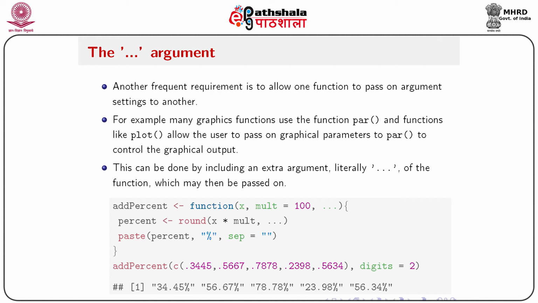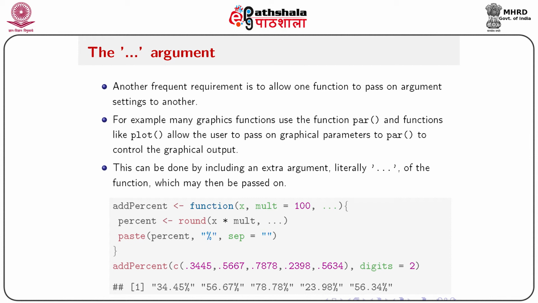Say there is another example that I use: add percent, function x, multi equals 100, comma, triple dot, and the percent is round x times multiplier, comma, triple dot, and then paste percent, then the percent symbol, sep equals empty, there is no separation between the two arguments of the paste.